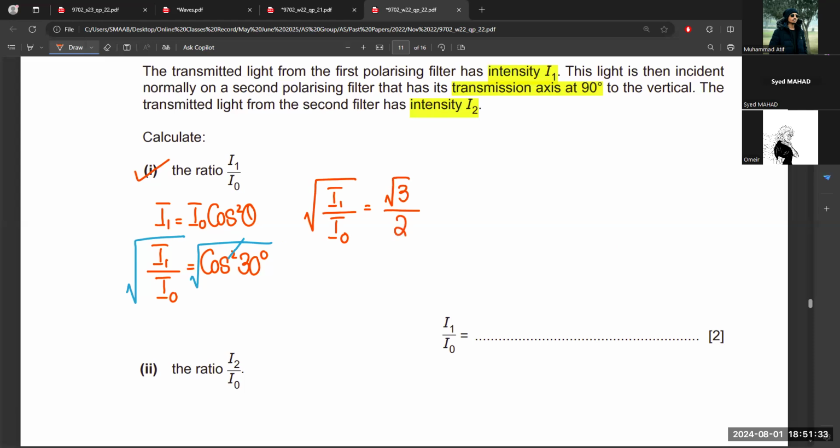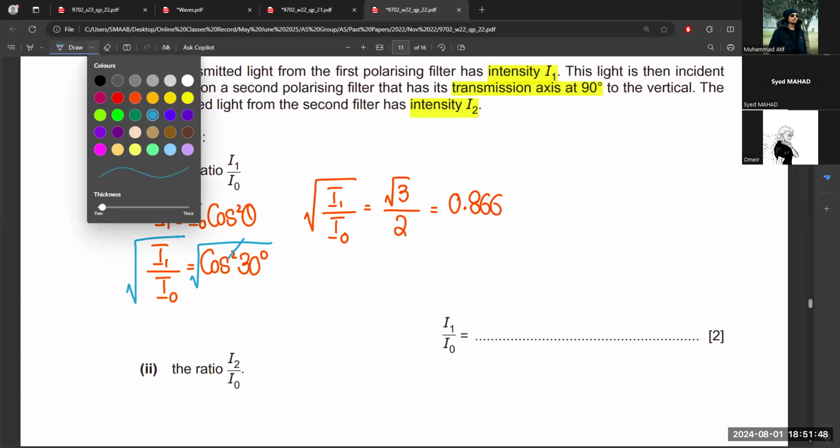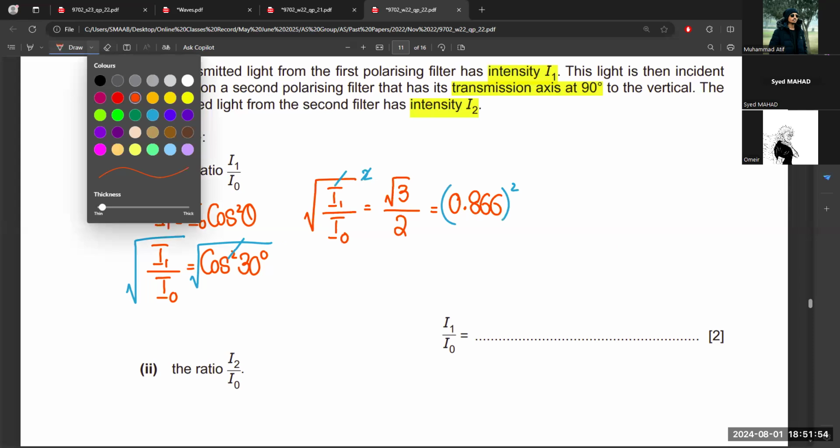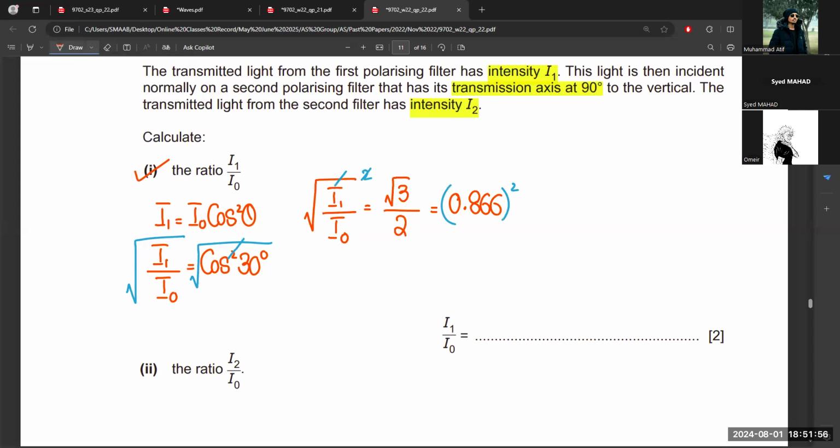Or you can also write in simple 0.866. And if we again take square on both sides, so when we square on both sides, this will get cancelled out. You will get 0.75.